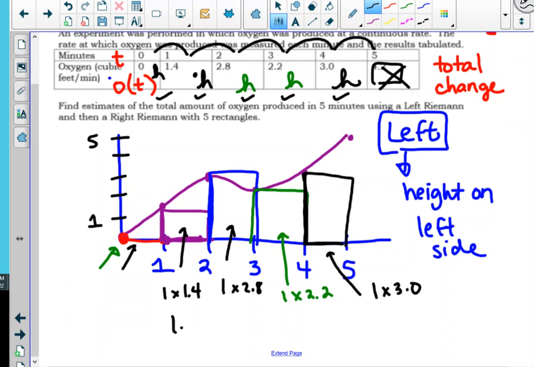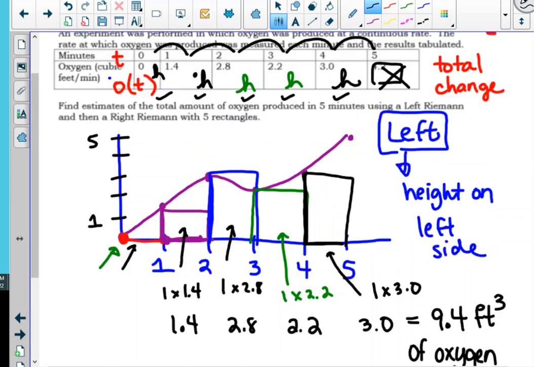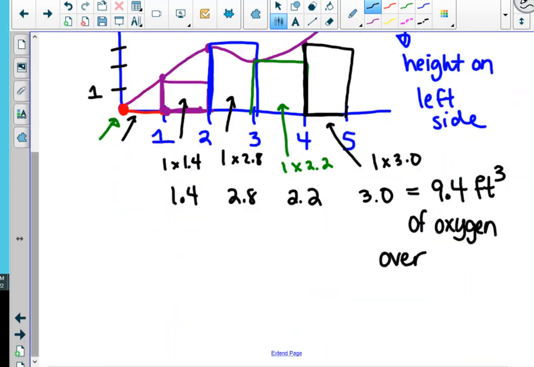This would be 1.4, 2.8, 2.2, 3.0, so that's 5, 8, 9.4, and it's 9.4 cubic feet of oxygen total over 5 minutes.